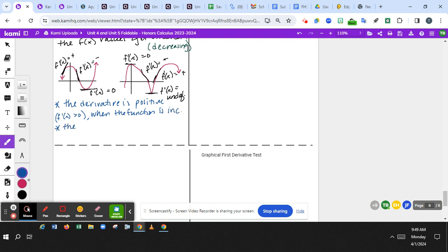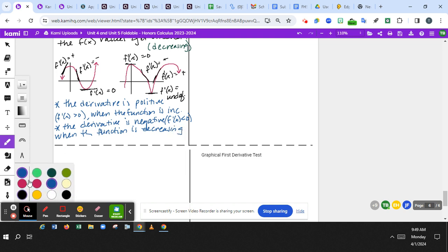The derivative is negative when the function is decreasing. And probably the most important aspect here is that when the derivative is 0, it may change directions. Okay, all of this is stuff that we saw with particle motion.